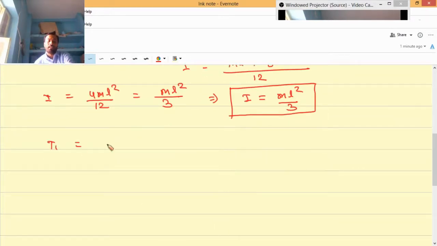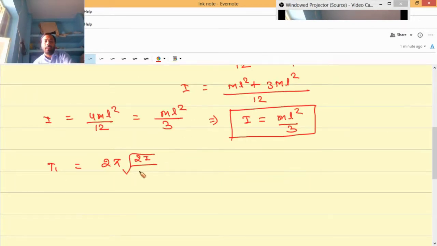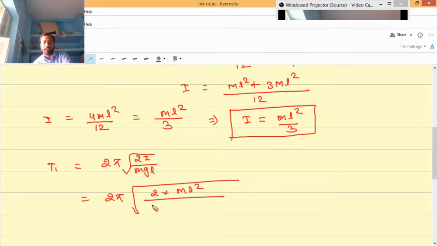From the first part, the time period will be 2 pi under root 2I divided by mg and L. So it is 2 pi under root 2 into the I value, mL square by 3, divided by 3 mg and L.